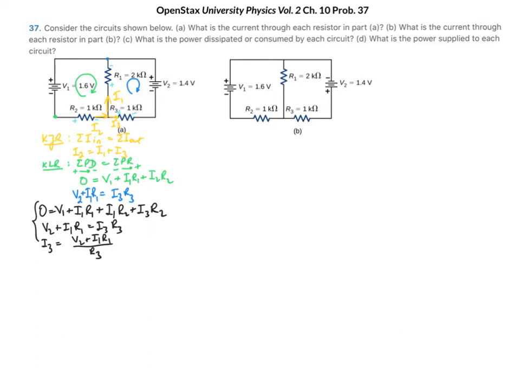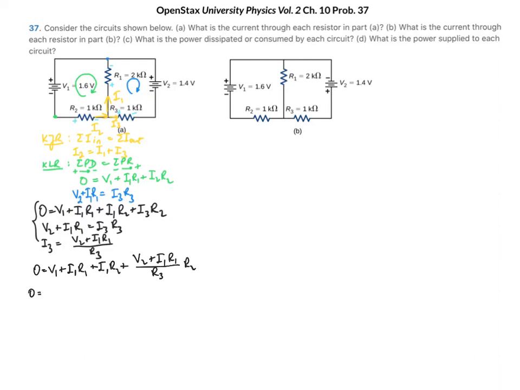And then I have 0 equals V1 plus I1 R1 plus I1 R2 plus I3, so that is V2 plus I1 R1 divided by R3 times R2. So let's multiply both sides by R3.